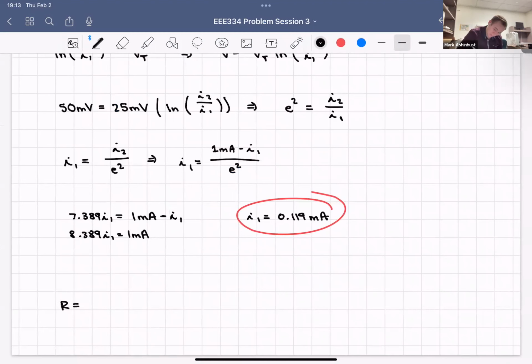R is V over I1, which is 50 millivolts over 0.119 milliamps, which is approximately 420 ohms. And that's how I'd solve for that.